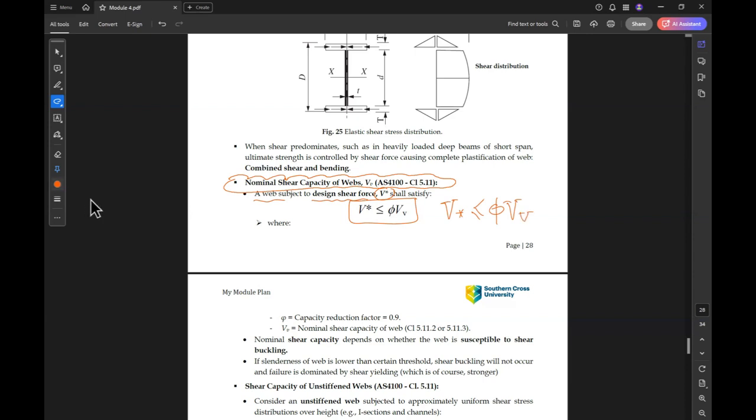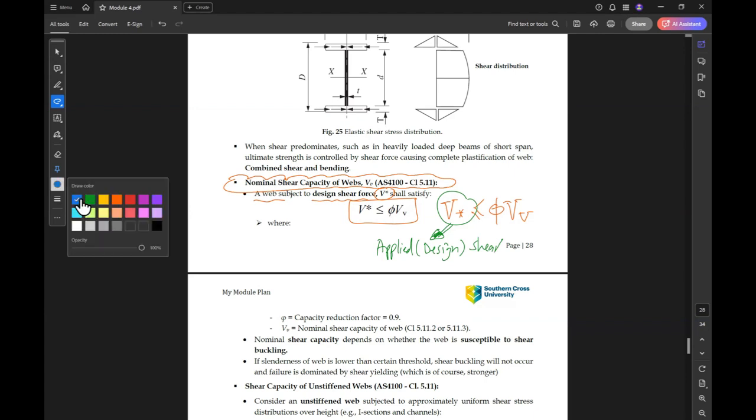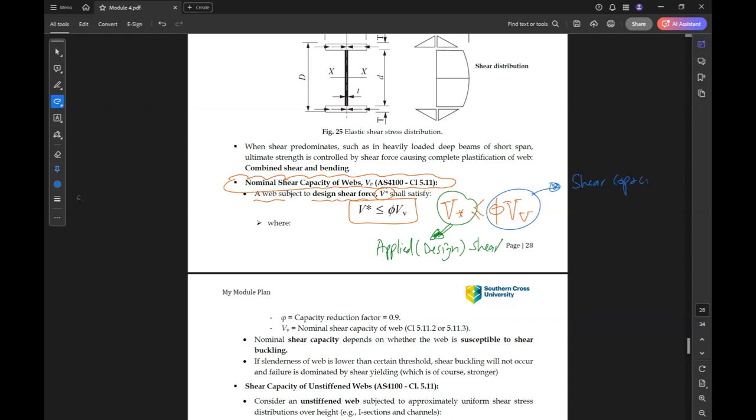Again, similar to the three previous types of loading, V star is the applied or design shear force applied to the member or to the section, where phi V_v is the shear capacity of the cross section.